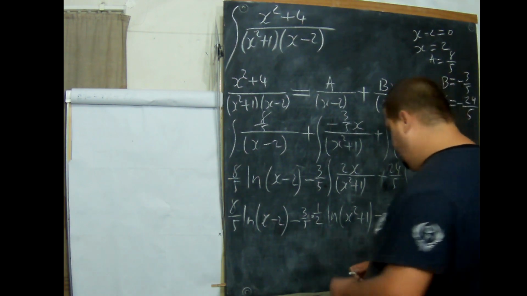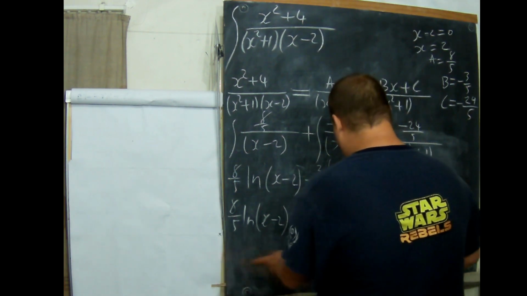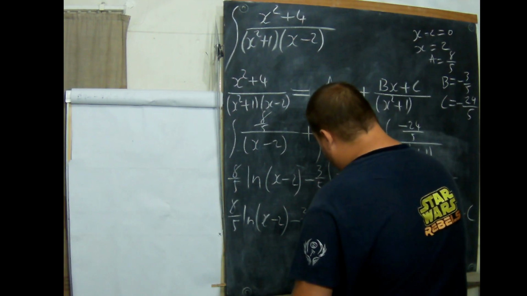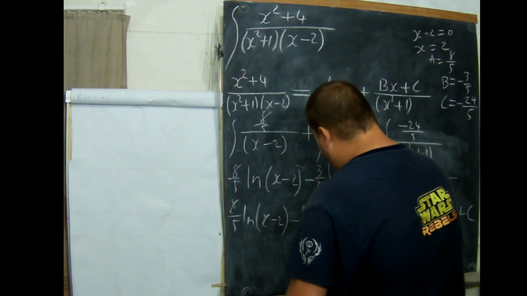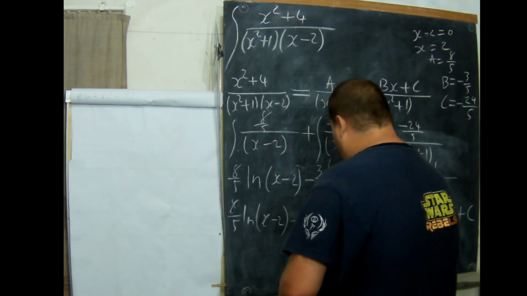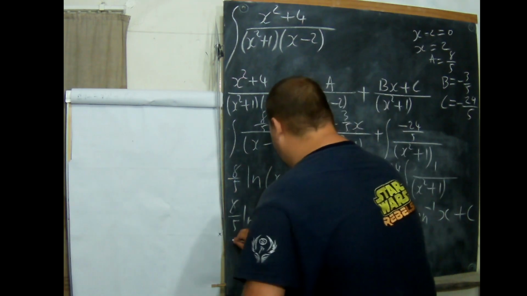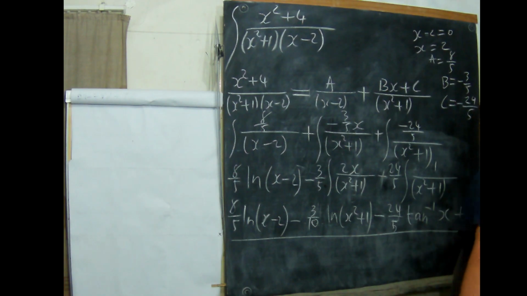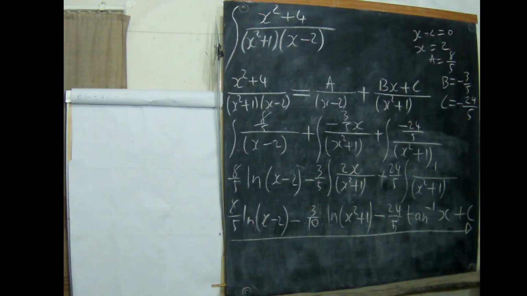Okay, now all I have to do is in the whole next line, 3 over 5 is going to be replaced with 3 over 10. And that is our final answer.